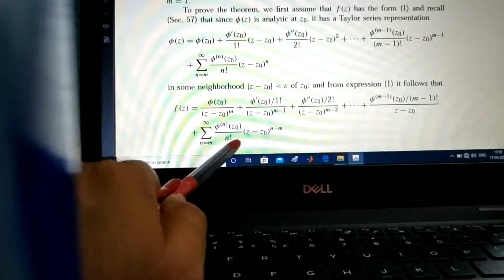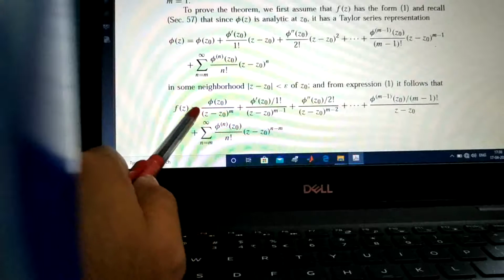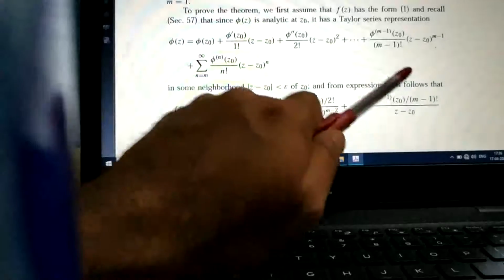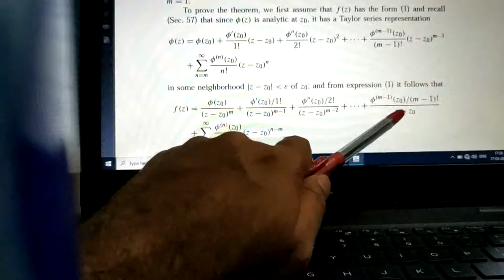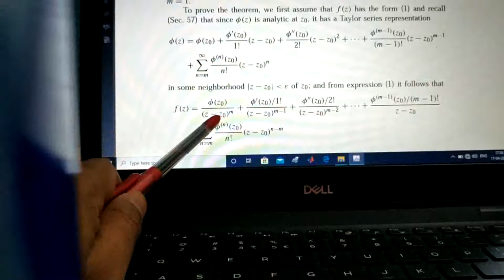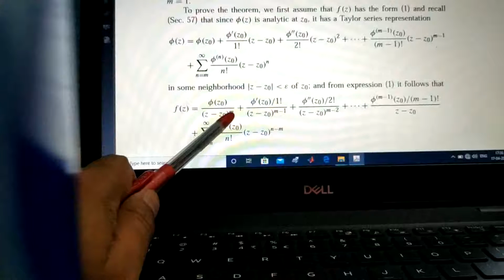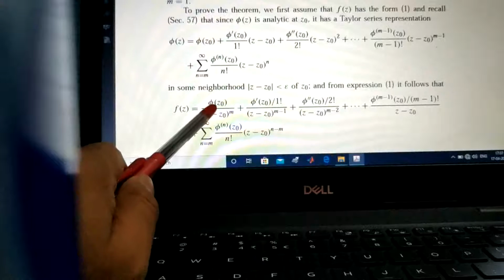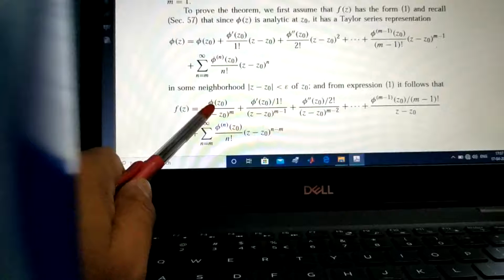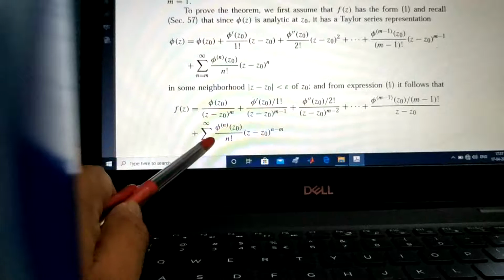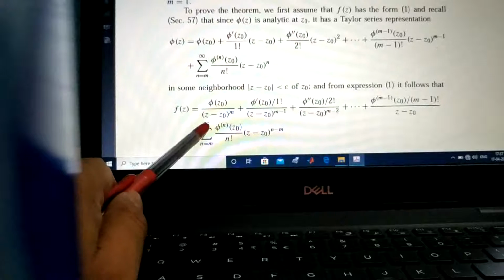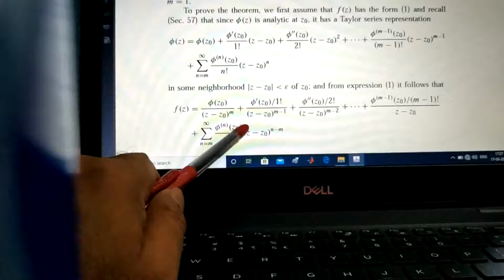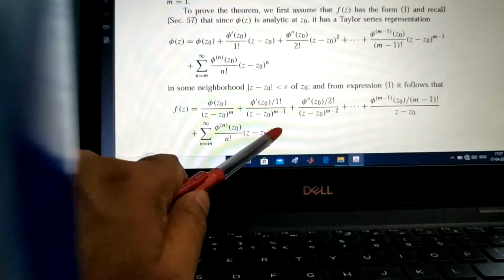So what we are getting is a Laurent series expansion, of which this is the principal part, starting from (z minus z naught) to the power 1 and ending at (z minus z naught) to the power m. m is the highest positive integer occurring in this principal part, where phi of z naught is non-zero, and here from m to infinity, this is behaving like a_n into (z minus z naught) to positive powers.